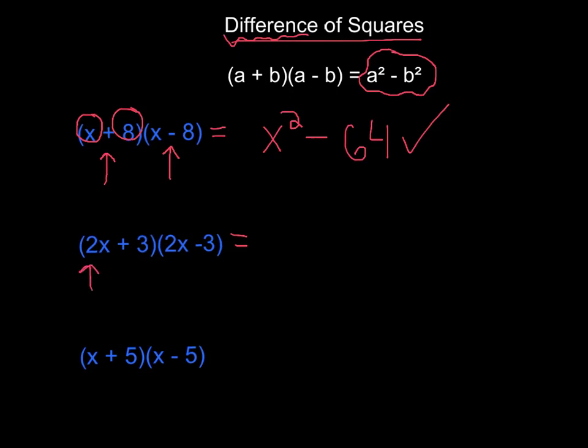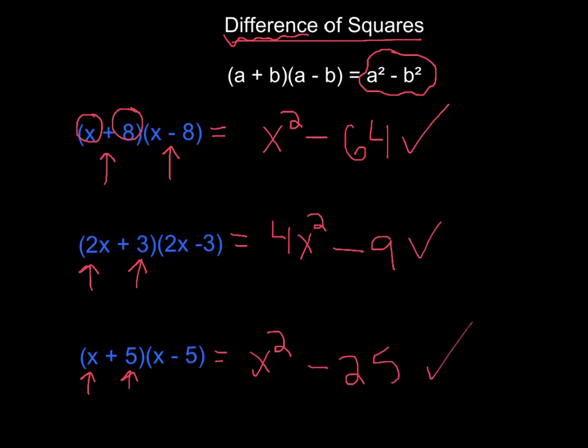If you square 2x, you have to square both of those, so it's 4x squared, and then minus square the second term. 3 squared is 9. And then last example, square the first term, x squared, minus square the second term. 5 squared is 25. And there you go, all of them complete.